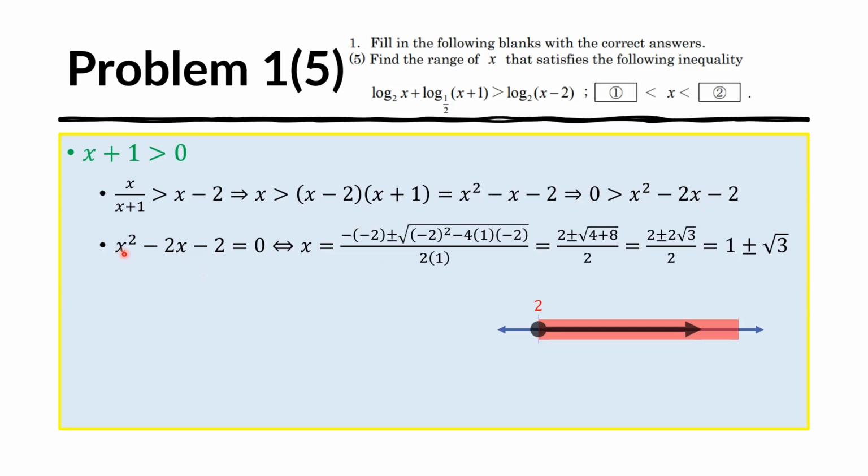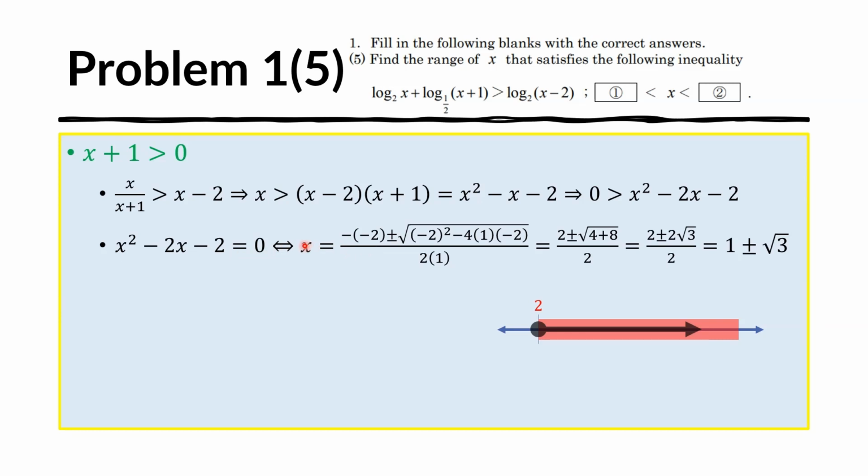So the factors of x squared minus 2x minus 2 can be obtained by actually getting the roots of this quadratic equation. And the roots of this expression are given by the quadratic formula.